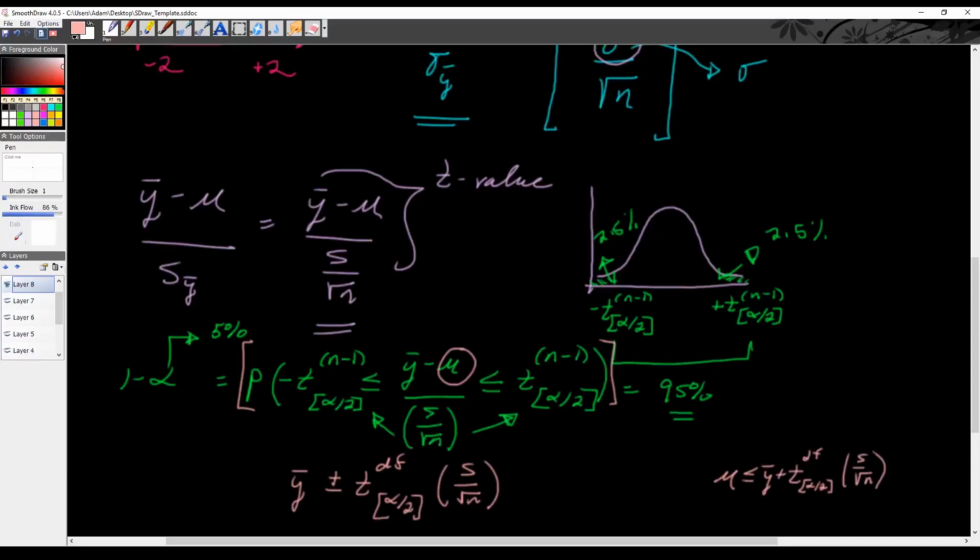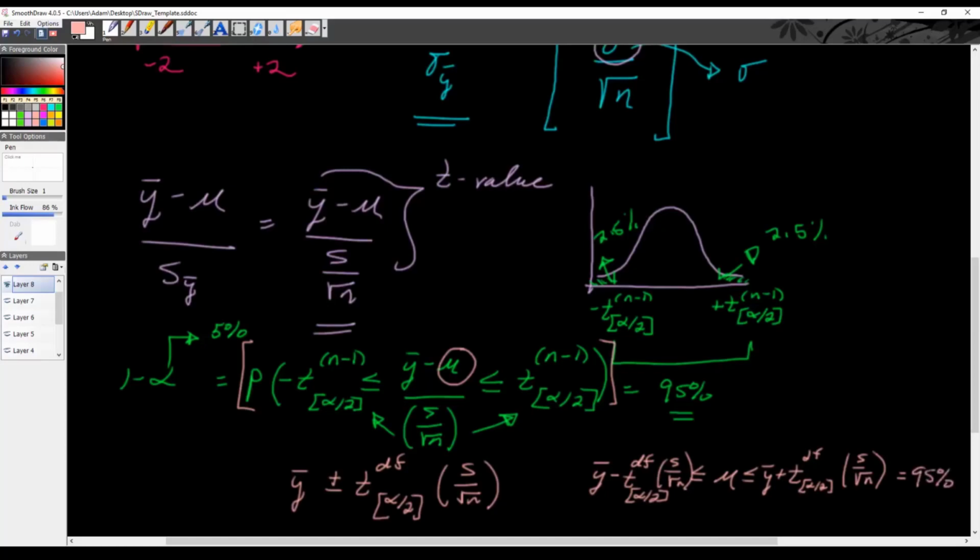So the true value is going to be less than or equal to y bar, the sample value, plus the critical t times the standard error. But it's going to be greater than or equal to y bar minus the critical t, degrees of freedom, multiplied by s divided by root n. So this is equal to 95%.